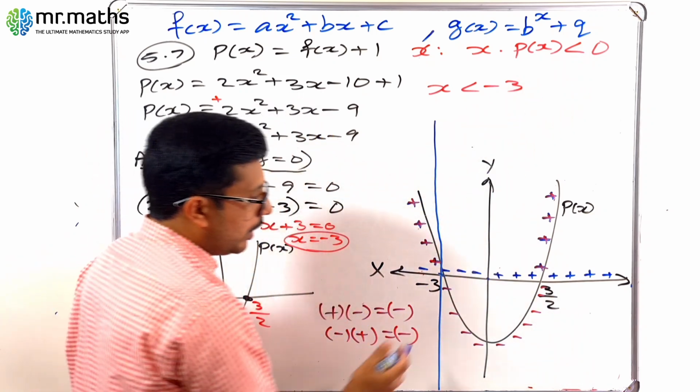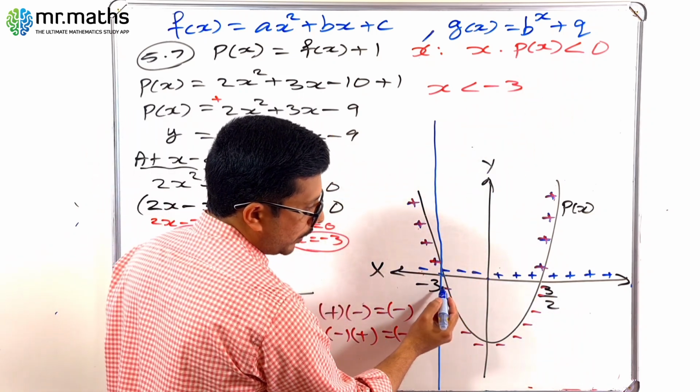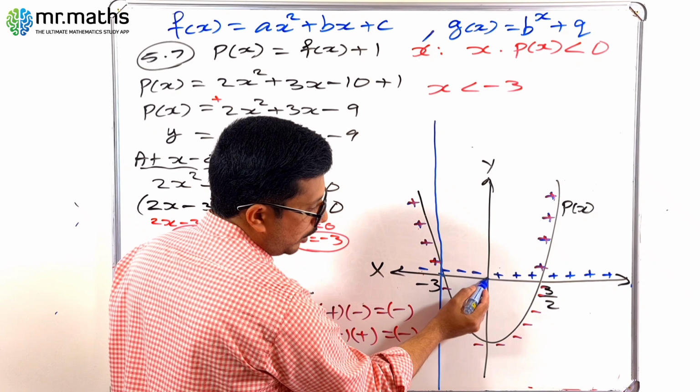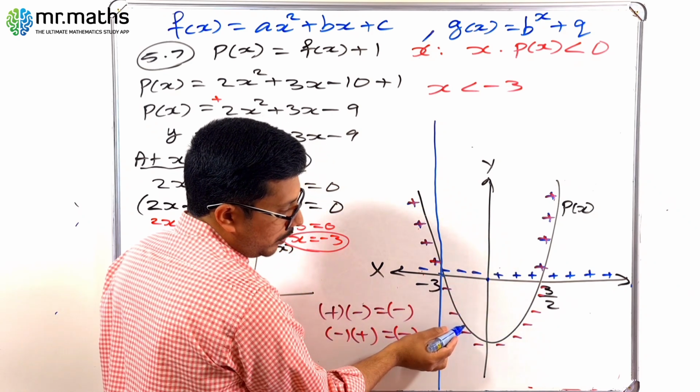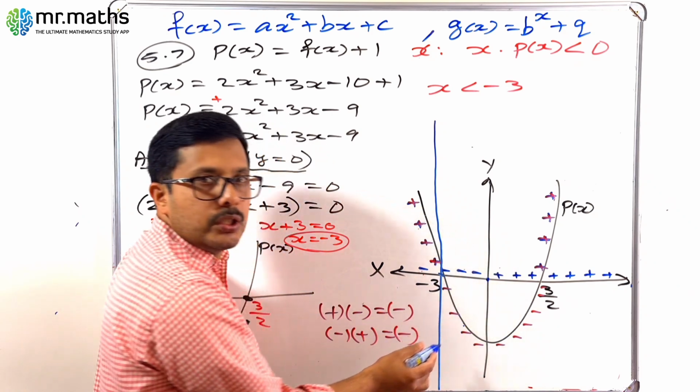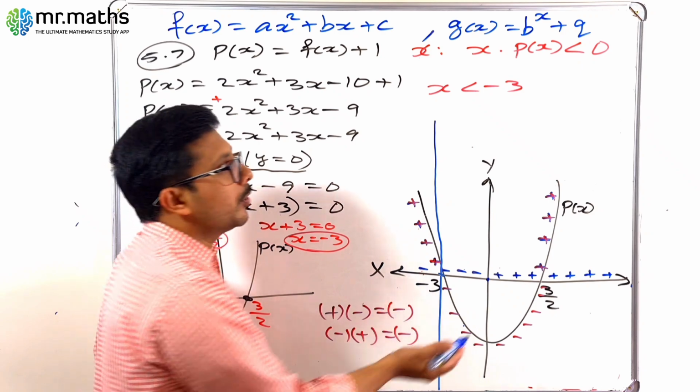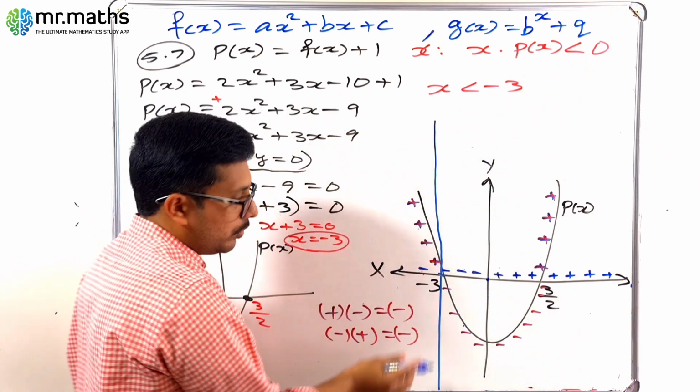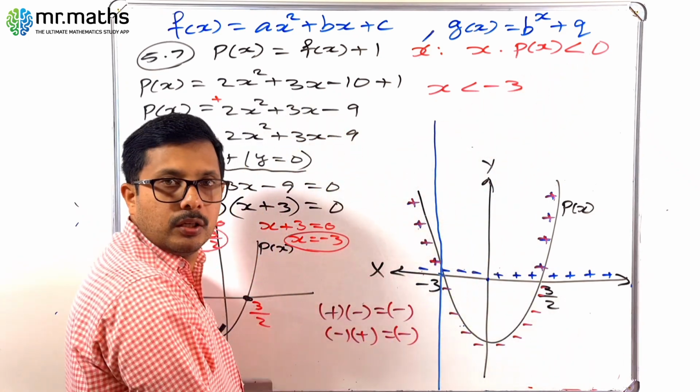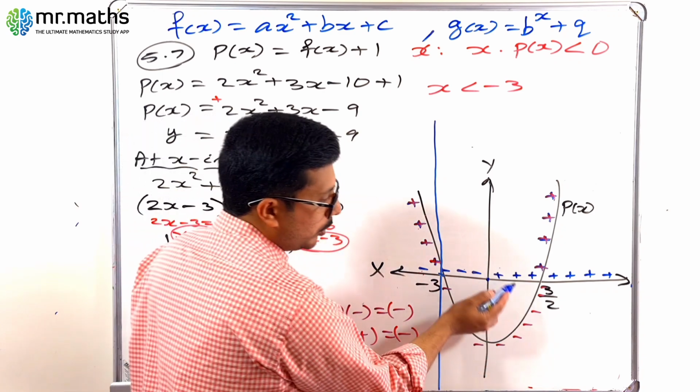You understand? Then after that, up to here, negative, negative. Negative times negative is positive. We don't want that one because we want a negative answer. What about here?